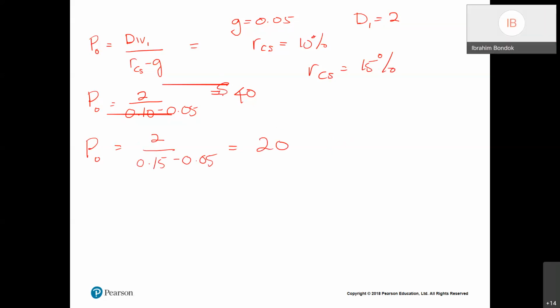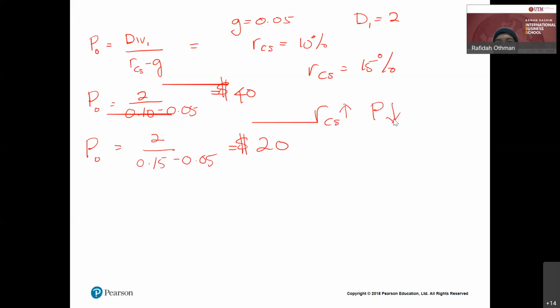So this is $40, and this is $20. So meaning that when RCS is increased, price will decrease. All right, so this is the relationship. We have learned this relationship in our common stock valuation.